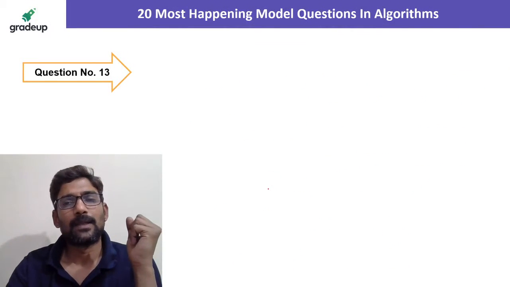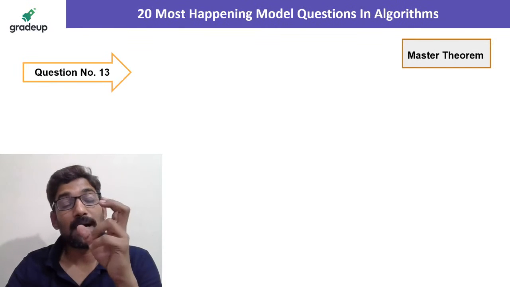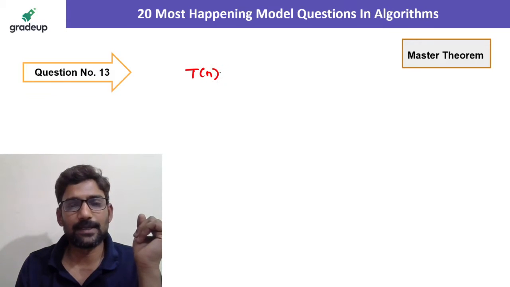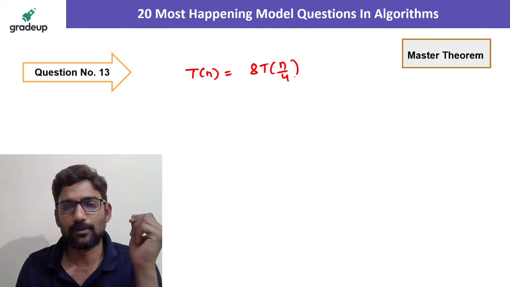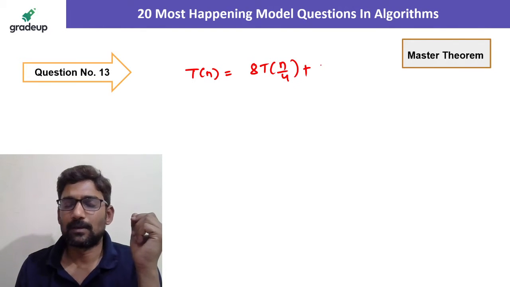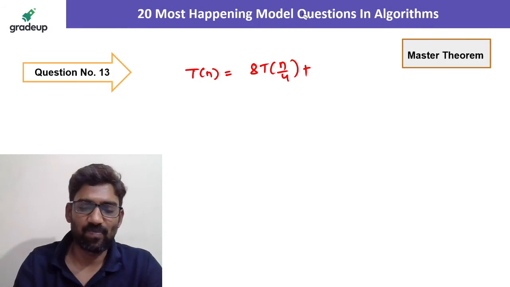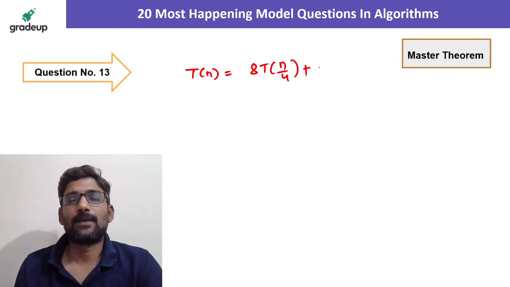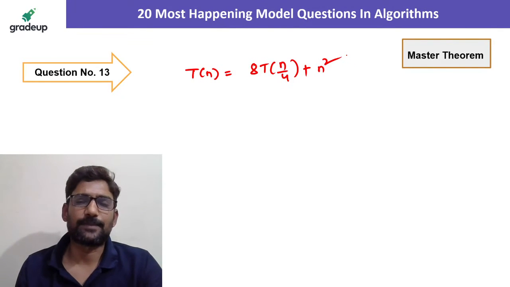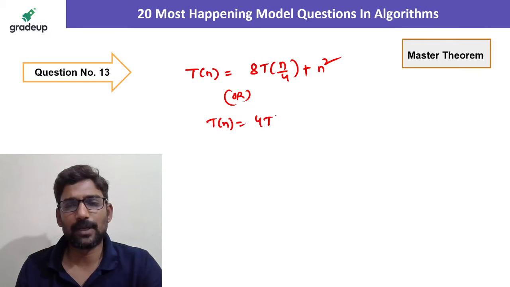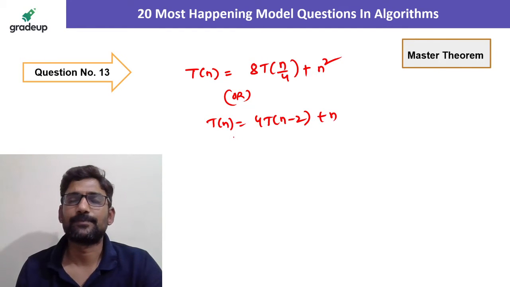Similarly, the next model question is from the master theorem, it is possible. Like you may be given some recurrence relation, something like T of n is equal to 8 into T of n by 4 plus, let's say, n square, something like this, or T of n is equal to 4T of n minus 2 plus n.